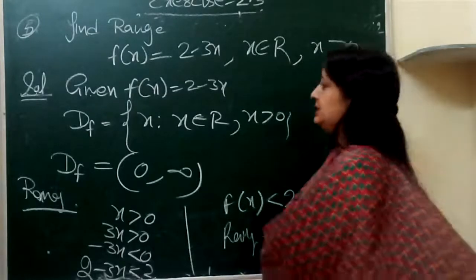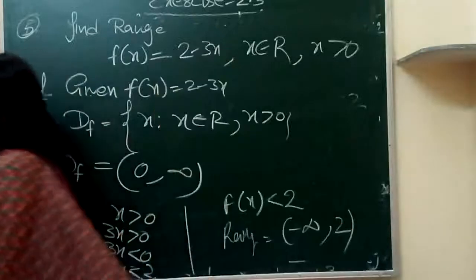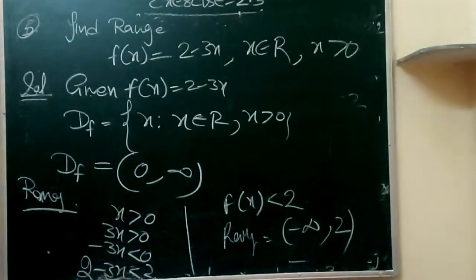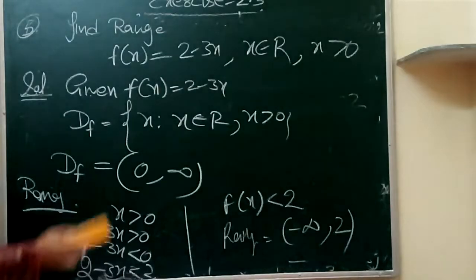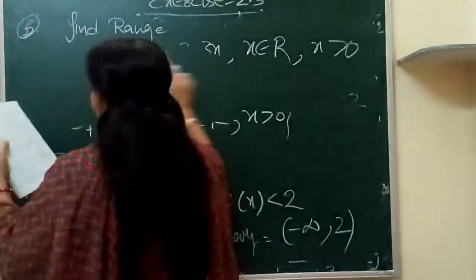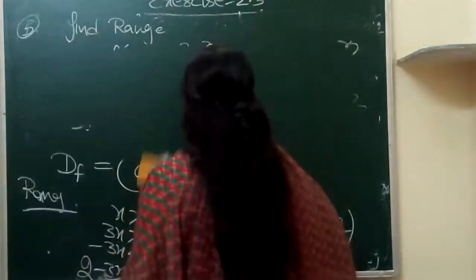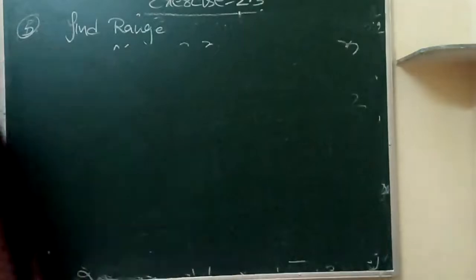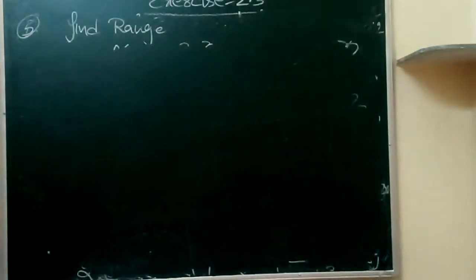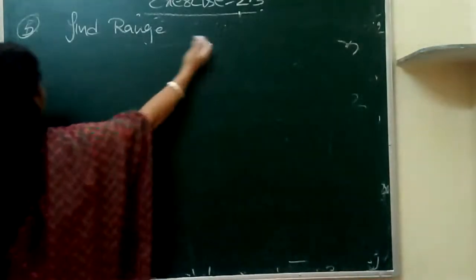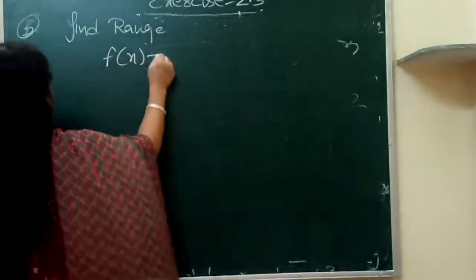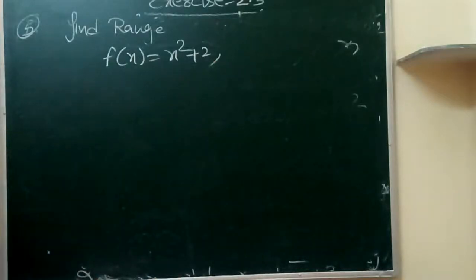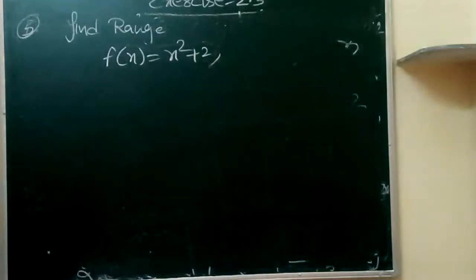Now let us start the second part. In the second part, you have to find out the range of f of x equal to x square plus 2, and the condition given is that x is a real number.